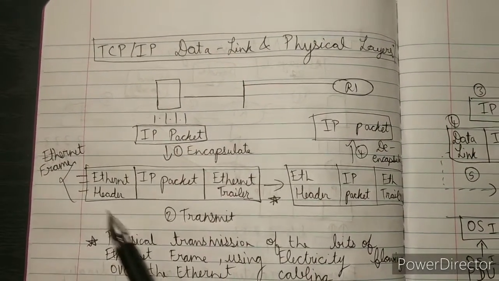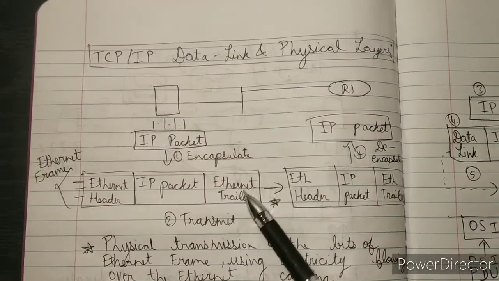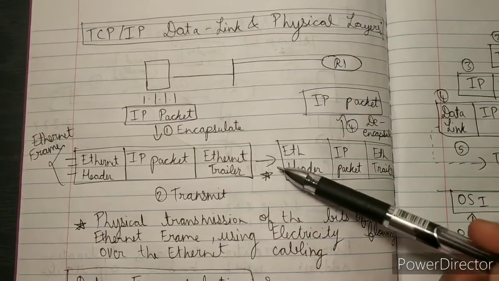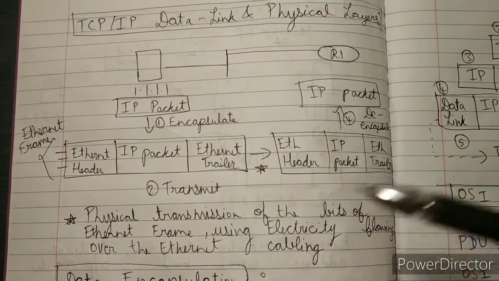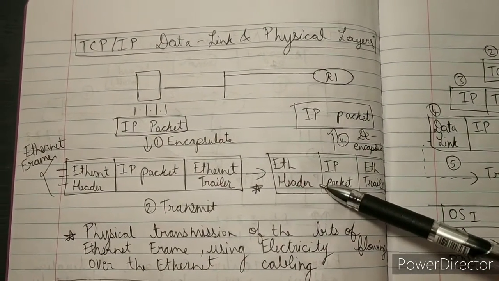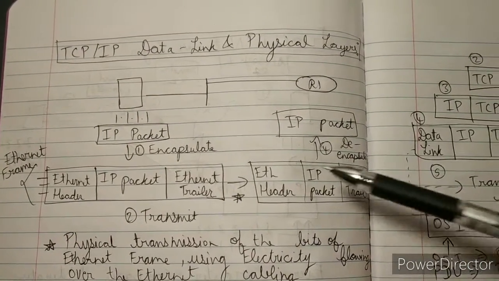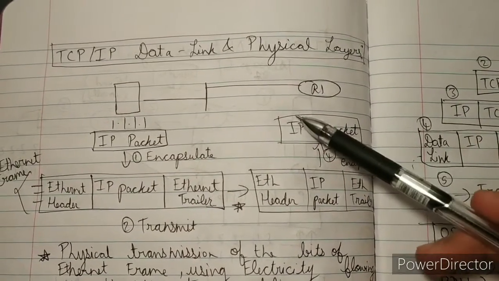The entire frame is known as the Ethernet frame. Now it will get transmitted. The physical transmission of the bits of the Ethernet frame is done using the electricity which flows over the Ethernet cabling. Here it will receive the signals over the cables, get de-encapsulated at the destination, and get the IP packet.